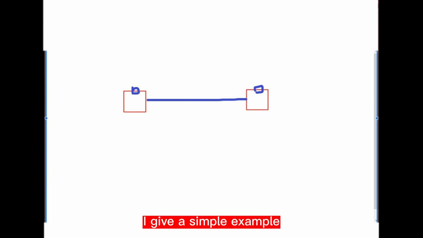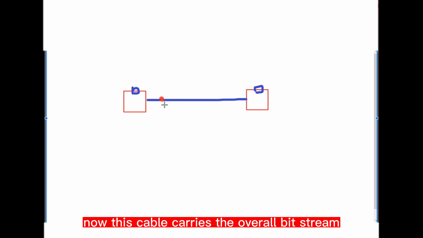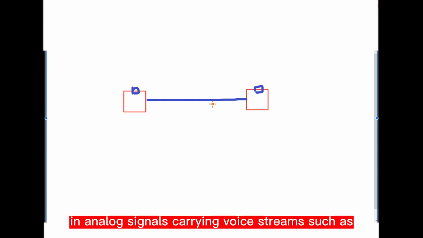I give a simple example. For example, now this cable carries the overall bit stream. That is electrical signal. Similar to when we call in analog signals carrying voice streams. They are responsible for the transmission of signals.